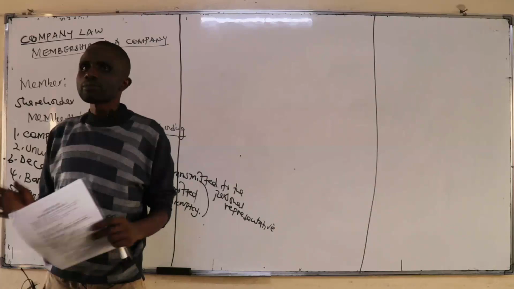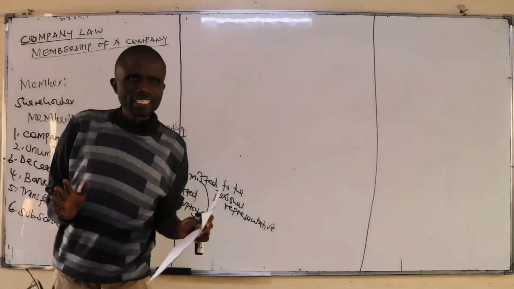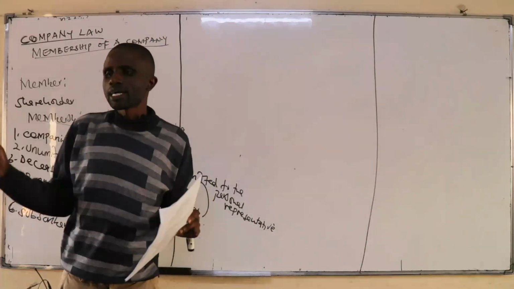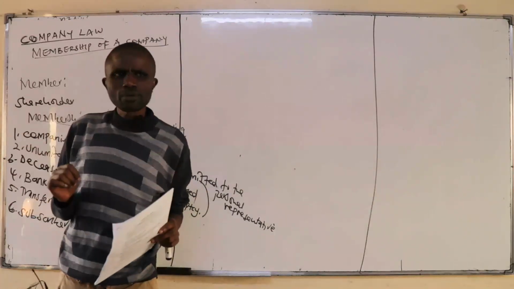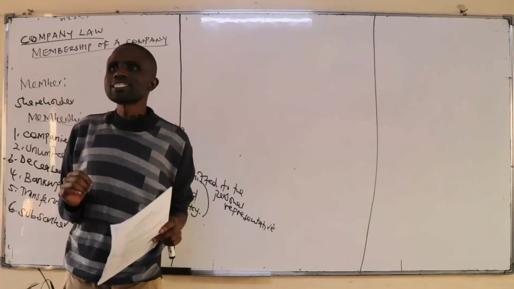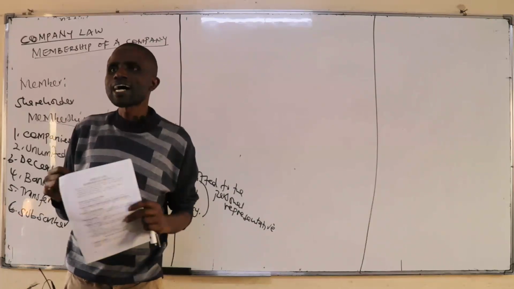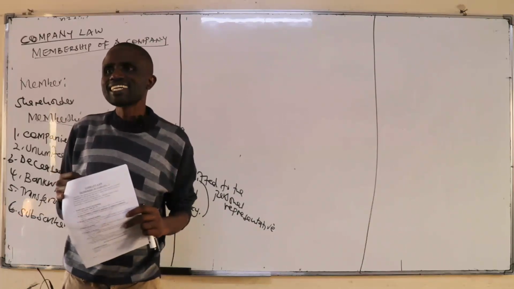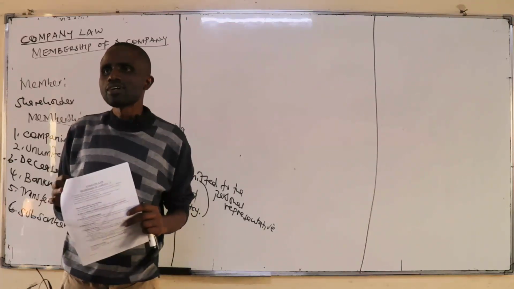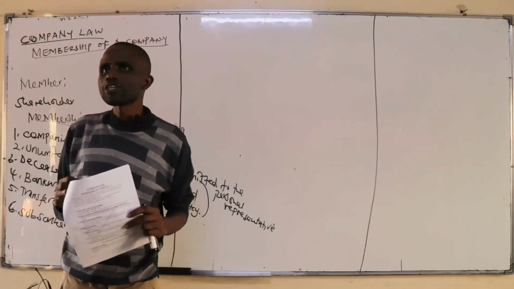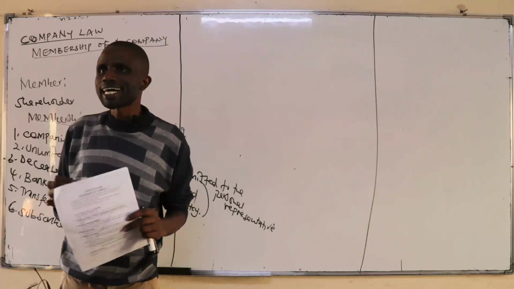Now, what about guarantee? What is the same condition for a company to be said to be limited by guarantee? One, it does not have a share capital. The certificate of incorporation indicates that it is limited by guarantee.